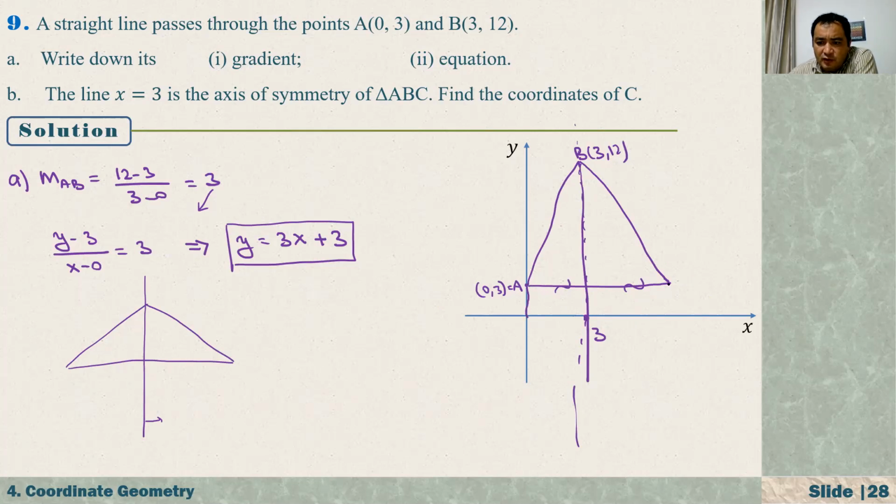So to be symmetric, the length of this part should also be 3. That means this one is 3 plus 3, so the x coordinate of this point must be 6. And we know that the y coordinate of A is 3. So if this point is C, its coordinates must be (6, 3).